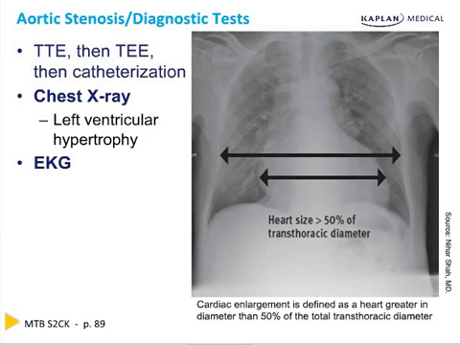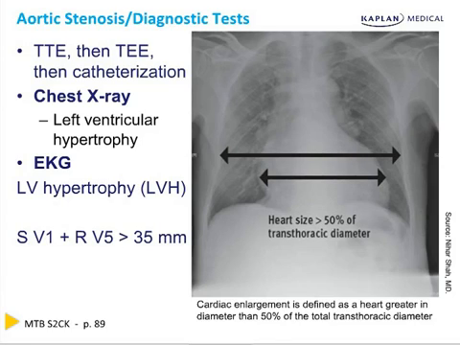The EKG will show left ventricular hypertrophy, with the S in V1 and the R wave in V5 being greater than 35 millimeters. This is indispensable. Don't go into that test without knowing, and you're going to have to listen to some murmurs and know them for sure.